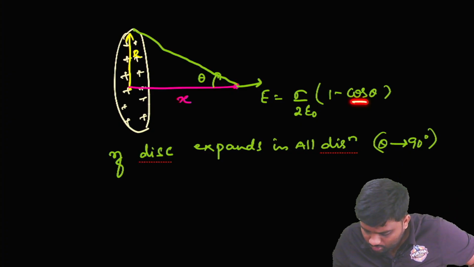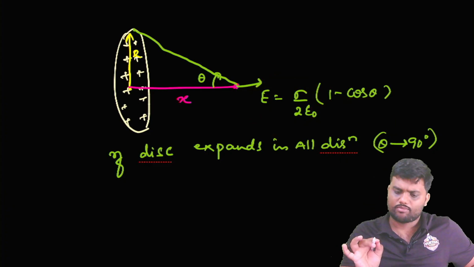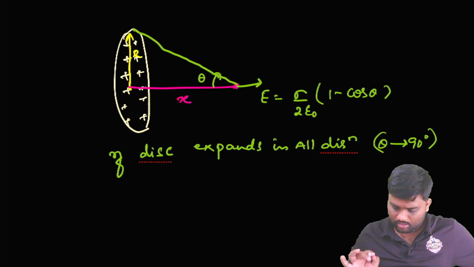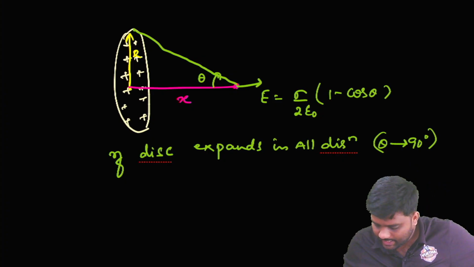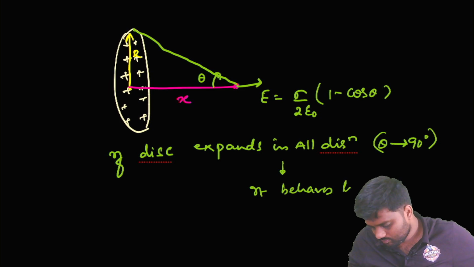That means once you put theta is equal to 90 degree, electric field comes out to be sigma by 2 epsilon naught. If disk starts expanding in all the direction, it behaves like an infinite sheet.